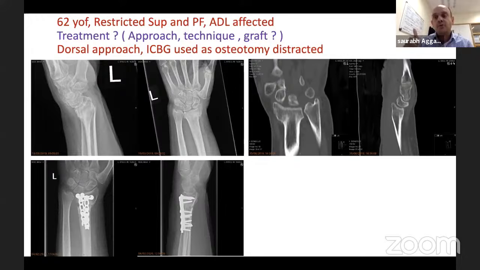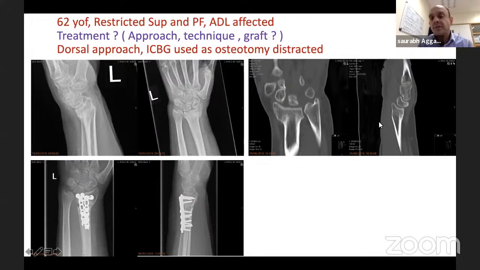One is your approach. Do you want to do volar approach or dorsal approach? Second is your technique, how you do your osteotomy. What are the tips and tricks? And third is, do you want to use your graft, autograft or allograft, or can you get away without a graft? So we'll pay attention to these three things in all the next 3-4 cases.